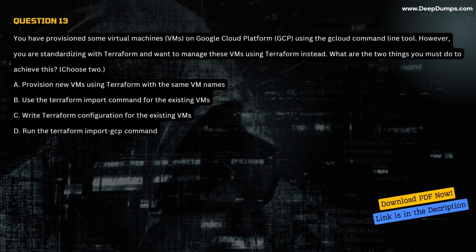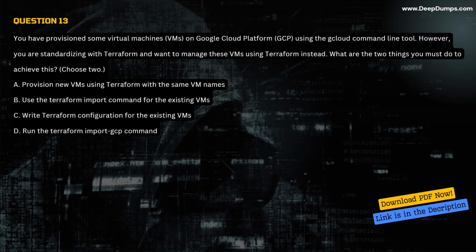Question 13. You have provisioned some virtual machines, VMs, on Google Cloud Platform, GCP, using the Cloud command line tool. However, you are standardizing with Terraform and want to manage these VMs using Terraform instead. What are the 2 things you must do to achieve this? Choose 2. A. Provision new VMs using Terraform with the same VM names. B. Use the terraform import command for the existing VMs.